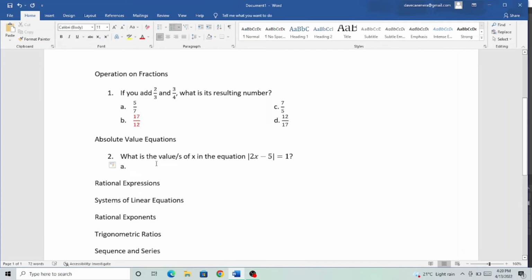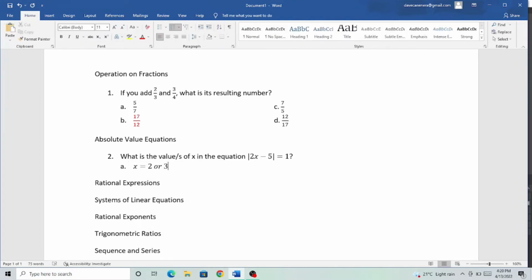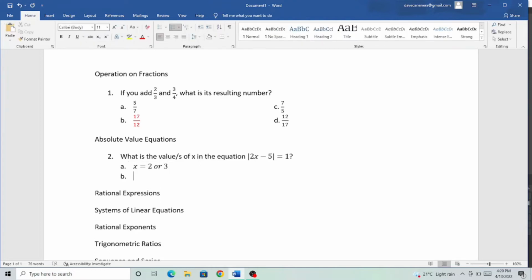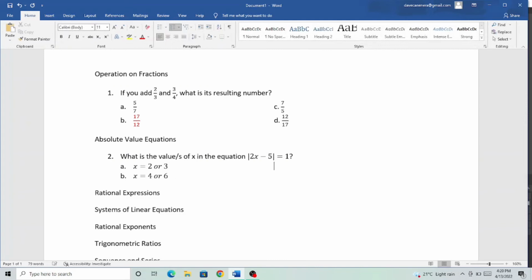So for our second item, I will be simulating it now. Make sure to align the choices for formalities.